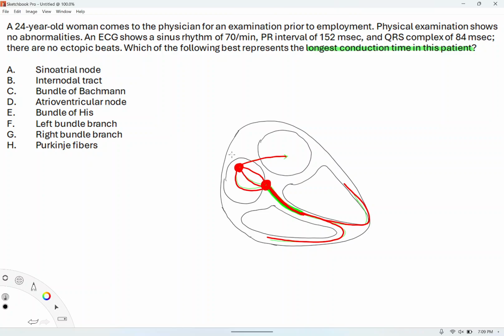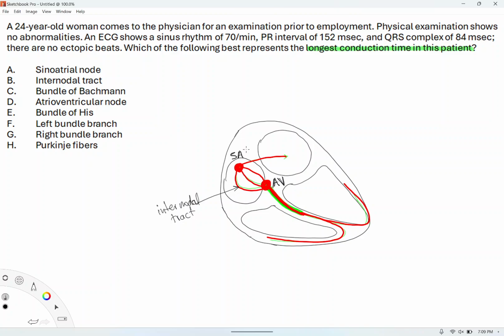Here, this is the SA node, AV node, and right here this is the internodal tract, or bundle. You can call it bundle or tract, whichever you prefer.